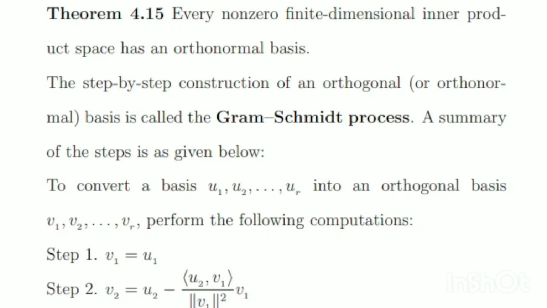And for v4, it is u4 minus <u4, v1> by norm v1 squared into v1 minus <u4, v2> by norm v2 squared into v2 minus <u4, v3> by norm of v3 squared into v3. Continue these steps.